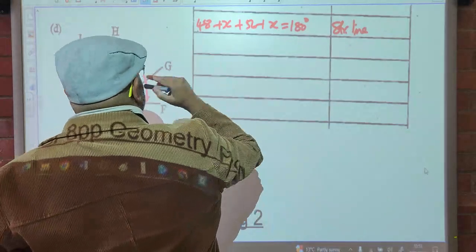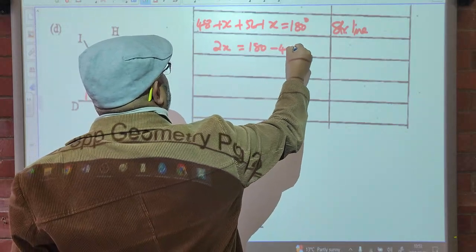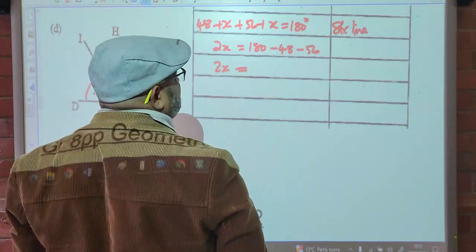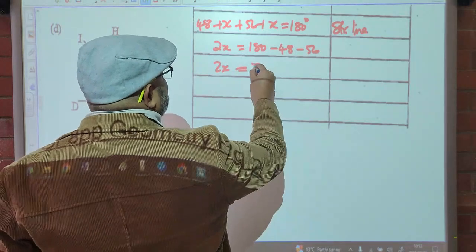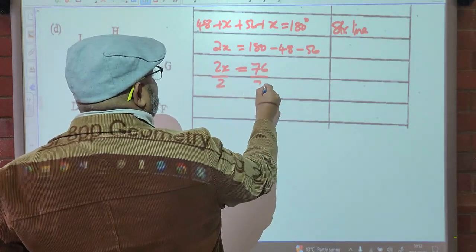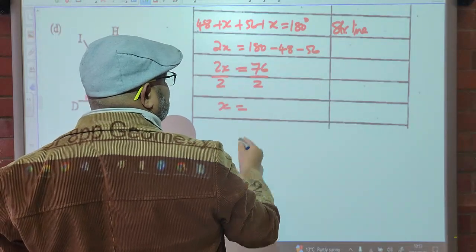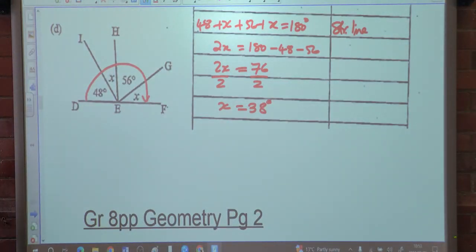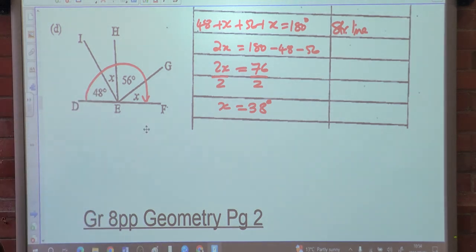So 2x is equal to 180 minus 48 minus 56, which gives you an answer of 76. To get x on its own, divide by 2, so x is equal to 38 degrees. Do you guys agree with that? See any confusion? No confusion.